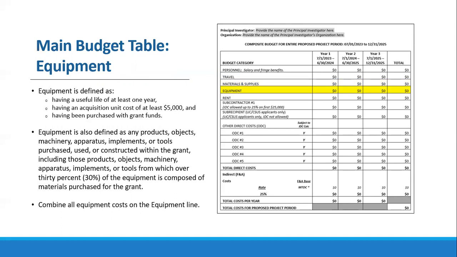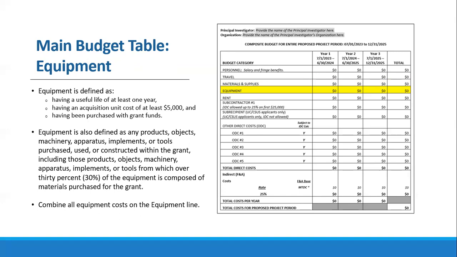Next, equipment. Equipment is something that is defined a bit differently depending on the institution as well. DPR's definition that you must adhere to for your proposal application and grant is defined as something that has a useful life of at least 1 year, has an acquisition cost of at least $5,000, and has been purchased with grant funds.